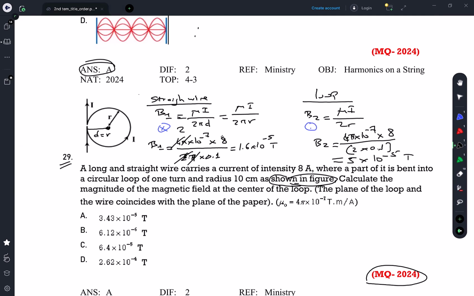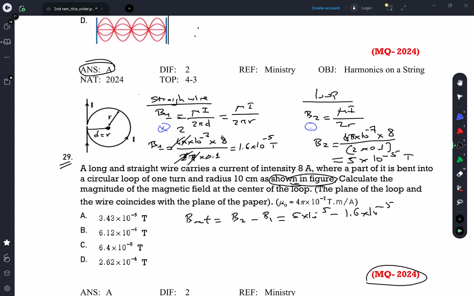So then, to calculate the net magnetic field, you should subtract the smaller one from the greater one. B2 is greater, B1 is smaller, so 5 times 10 to the power of negative 5 minus 1.6 times 10 to the power of negative 5.